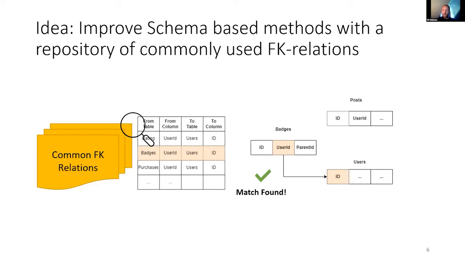We've seen database schemas before, so we have an additional kind of background knowledge. And the idea was to provide this as well to the foreign key detection methods. And then in the easiest case, we would just have a whitelist or checklist, which we could look up. Is this potential match something we have seen before in other schemas?